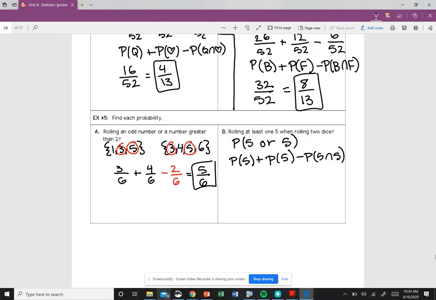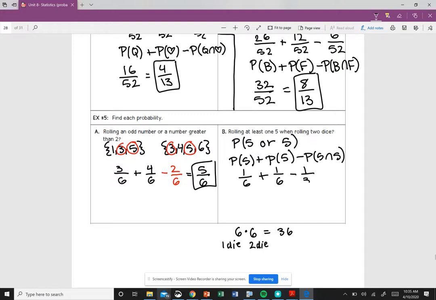So the probability of rolling 5 on the first die, there's going to be a 1/6 chance on that. The probability of rolling 5 on the second die, there's a 1/6 chance. Now, if you remember, if we roll 2 dice, there are a total of 6 options for the first die times the 6 options for the second die. So there's a total of 36 options. So what's the probability of rolling double 5s? There's 1 out of those 36 chance, right?